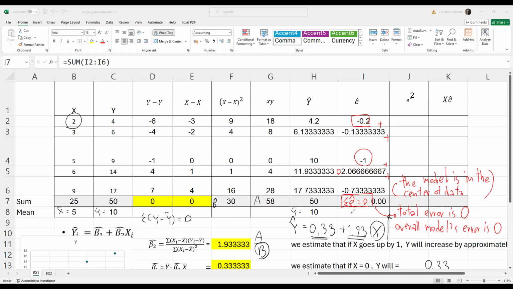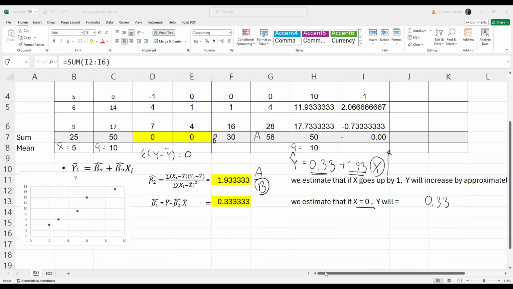And if you calculate the average, the average error is zero. It means if you have the figure, you try to draw one line through the center of the data to make sure the overall error is zero.